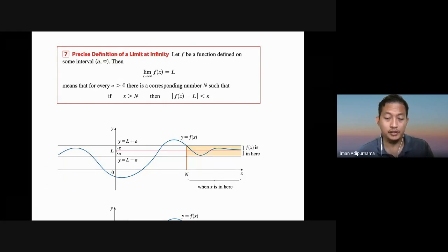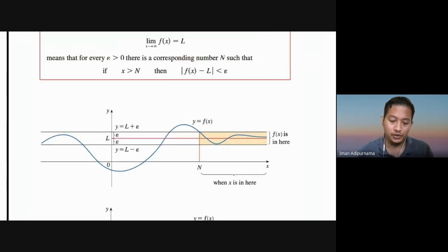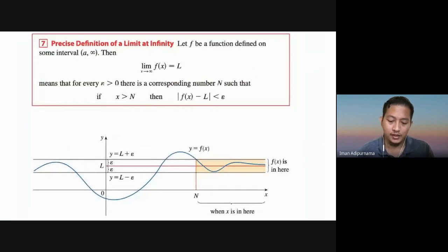of limit. For the precise definition of limit, you need to include an epsilon, which indicates a small fraction in the graph. If you look here at the definitions, this is the definition of limit that you already know, for limits at infinity, and then you need to have a positive epsilon that has a number n.